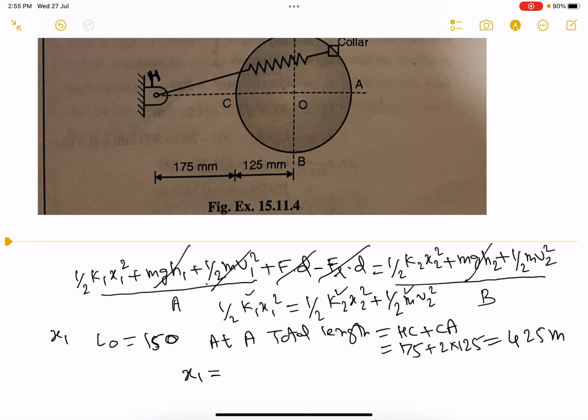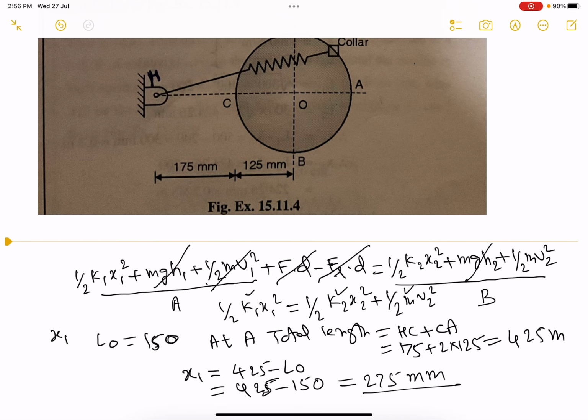So x1, the stretch, is 425 minus the original length L0, which is 425 minus 150, so it is 275 mm.